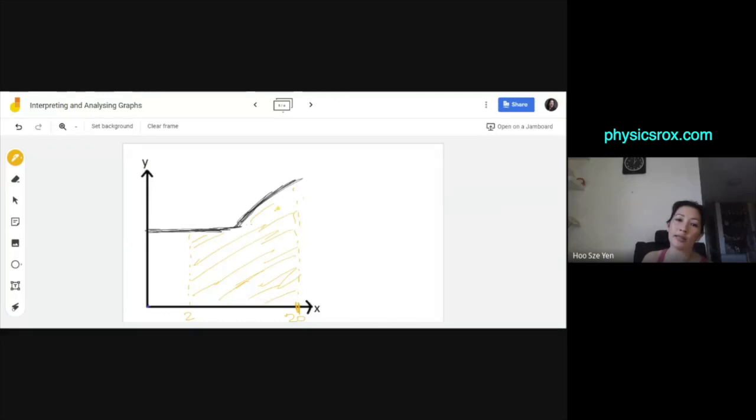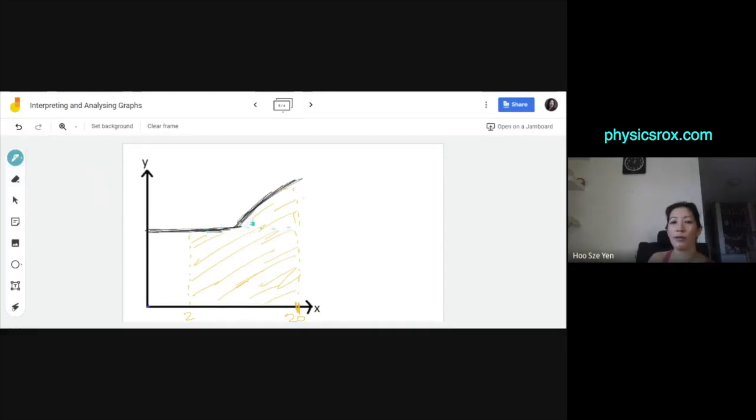So when you see this, can you see the shape of the graph here? Weird shape, right? Do you know how to count area of this kind of shape? Split, separate into what? You can separate a triangle, yes.